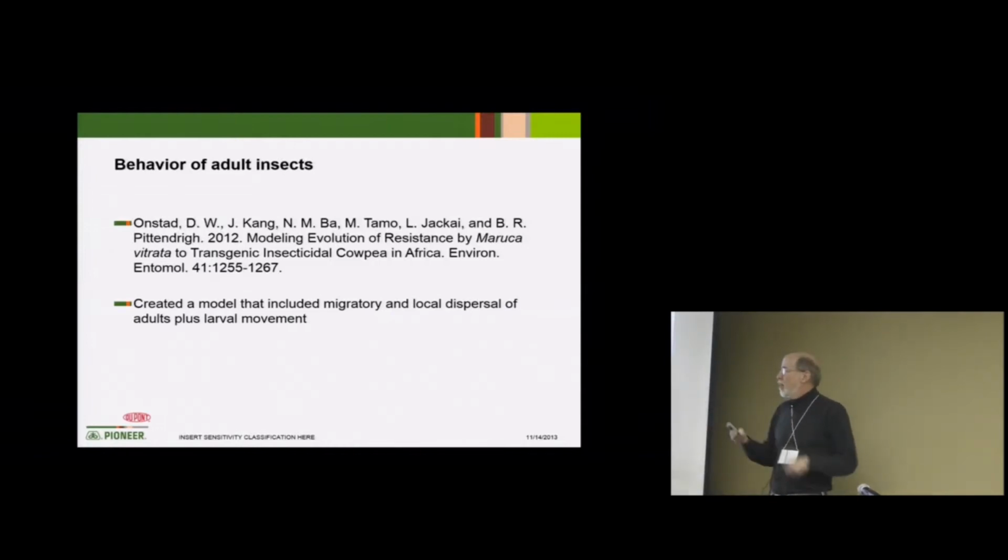But in Burkina Faso, it depends upon migration every year from the south. So we looked at the various differences in how you would manage the insect and try to manage evolution to insecticidal cowpea, depending upon what country you're talking about.